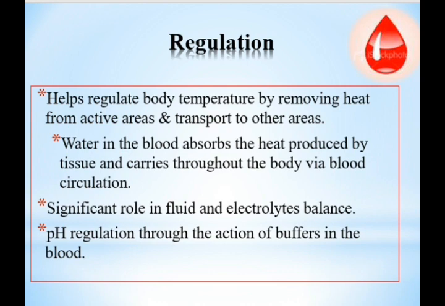Other than that, it also plays a significant role in fluid and electrolyte balance, and controls pH due to the buffering action of the shift. We call it the Bohr effect, the Bohr effect in blood.